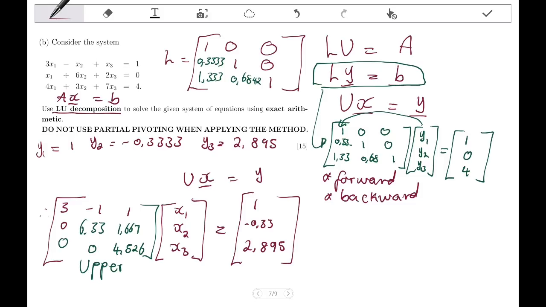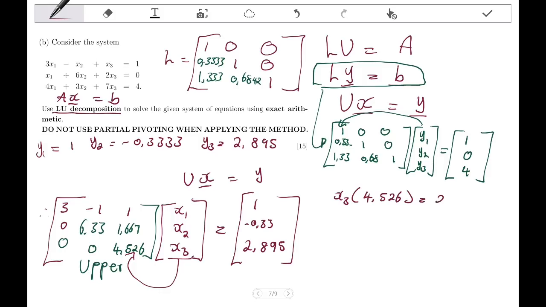And then our x3, remember that is this one here. For x3 we have a multiplier which is 4.526. Then we're going to say x3 multiplied by 4.526 is equals to 2.895.